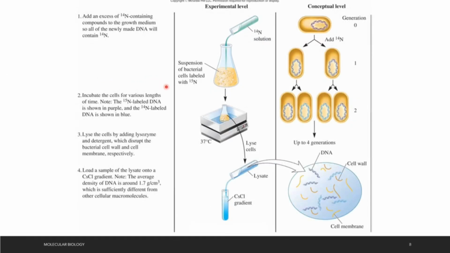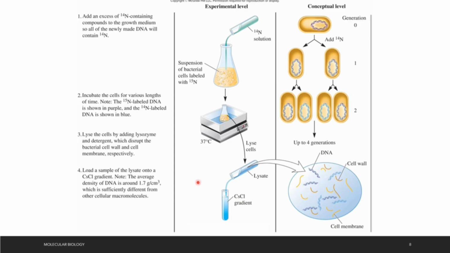So this is how they performed this experiment. First, they grow the bacteria in a medium that contains the heavy nitrogen atoms. After that, they transfer the cells into medium that contains 14N. And then they continue to grow these cells for a couple of different generations. After every generation, they isolate the DNA from these E. coli cells.